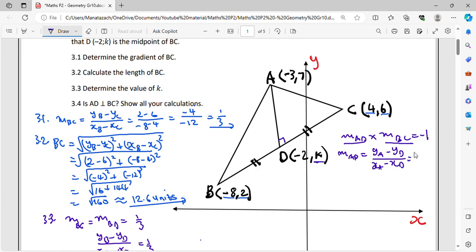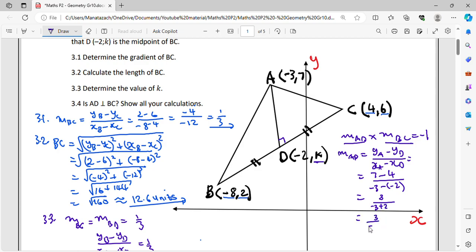So, okay, let's just write underneath. Y at A is 7, y at D is k, which we've worked out as 4, x at A is minus 3, x at D is minus 2. So the numerator will have 3, then the denominator of -3 plus 2.